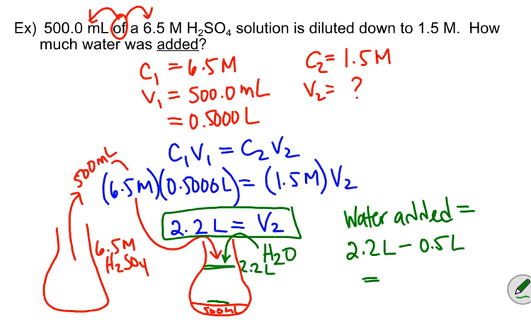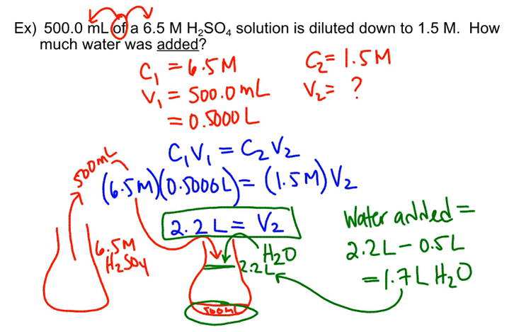Because I already had 500 mils at the bottom of my flask, and my final volume was 2.2 liters, that means I only had to add about 1.7 liters of water to bring my final volume to 2.2.